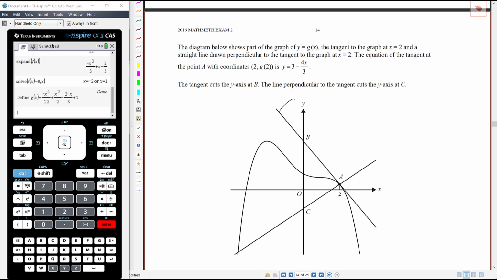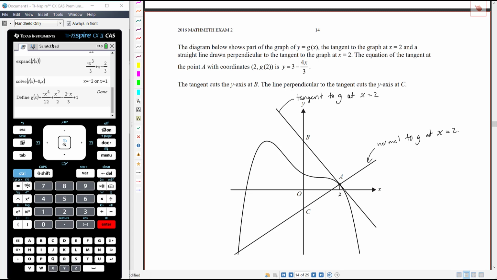And that this is the tangent, tangent to g at x equals 2. And we've also got a straight line drawn perpendicular to the tangent to the graph at x equals 2. Okay, so that means that the perpendicular line is obviously the normal, normal to g at x equals 2.